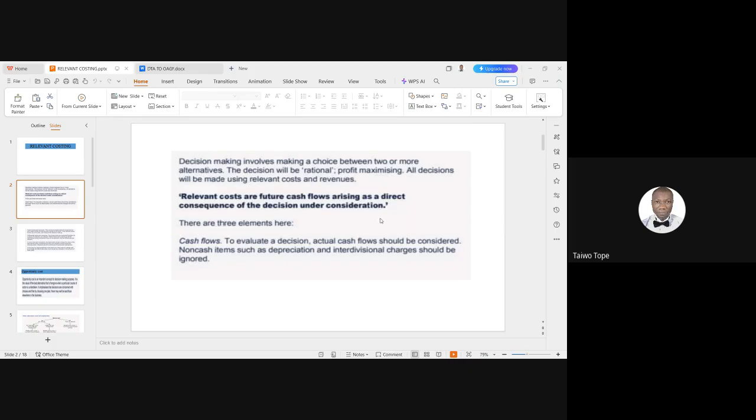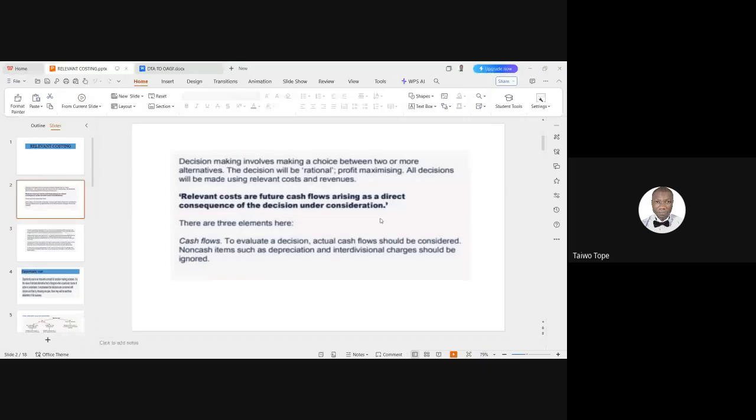It means when you see things like depreciation, amortization, depletion, they don't form part of your relevant cost because they don't involve actual movement of cash. When we talk about depreciation, it is how you evaluate tangible assets. Amortization is how you evaluate the reduction in the value of intangible assets.